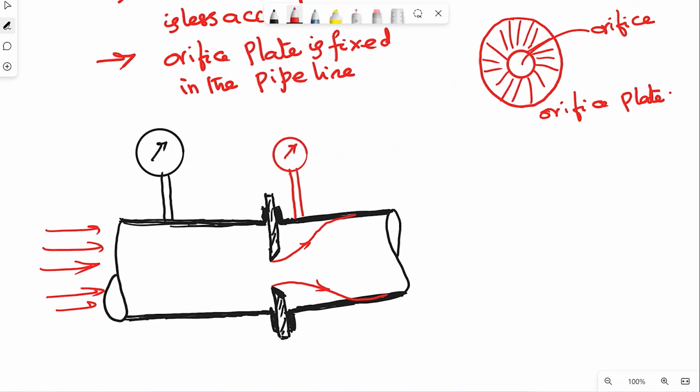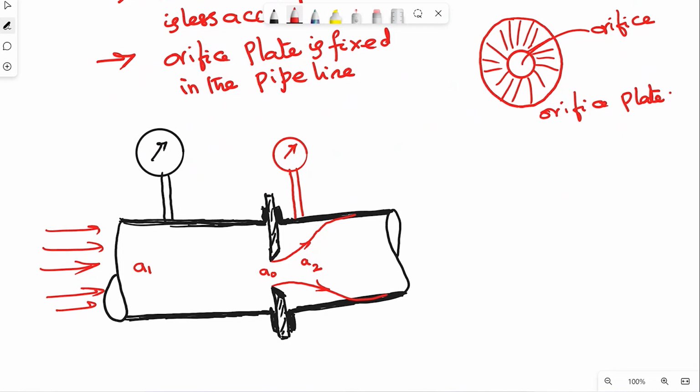So in the venturimeter, we measure at the inlet and at the throat. Here we don't measure at the throat, but a little bit away from the throat. A1 is the area of the pipe, the orifice area is A0, and where we are measuring the pressure, the area is A2.